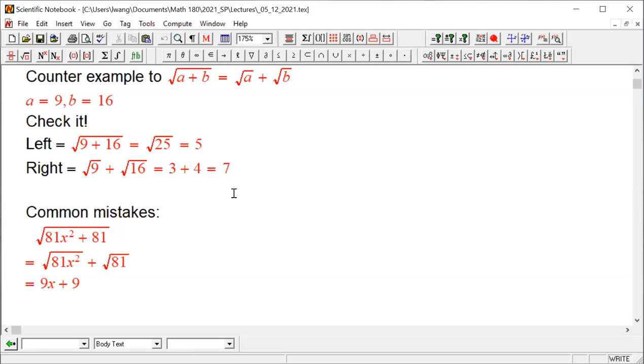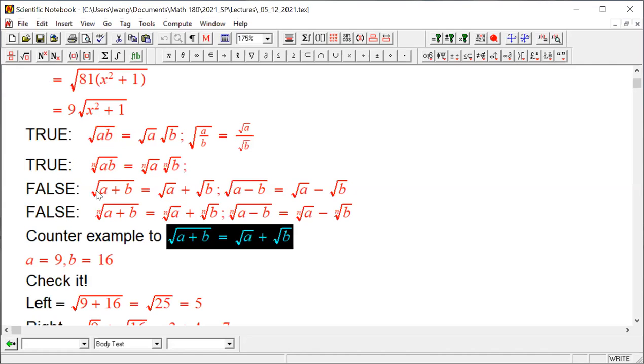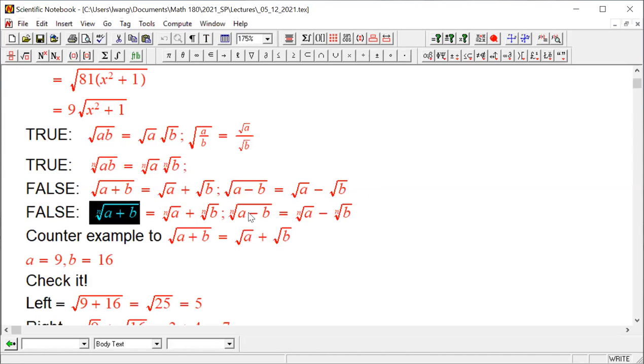Is 5 the same as 7? Of course not. False. So are you going to use that again? Never. Never again. So of course these are false.